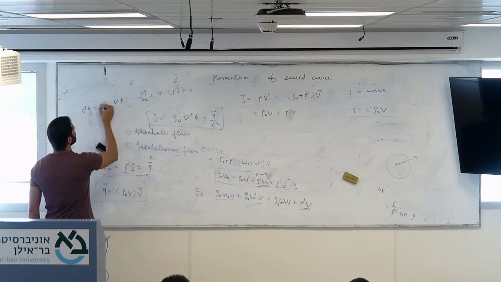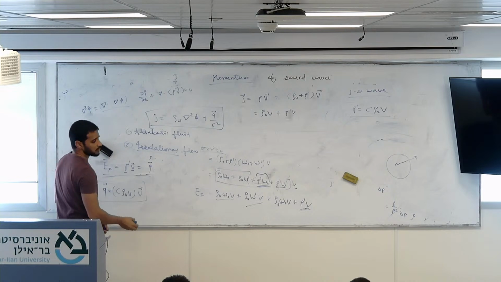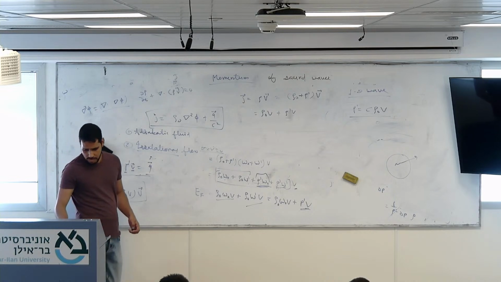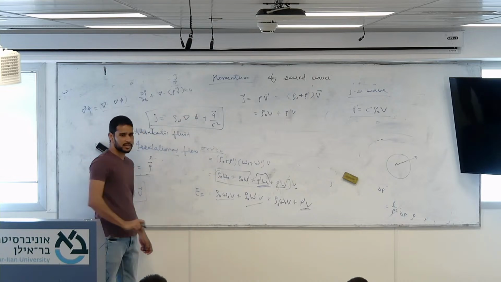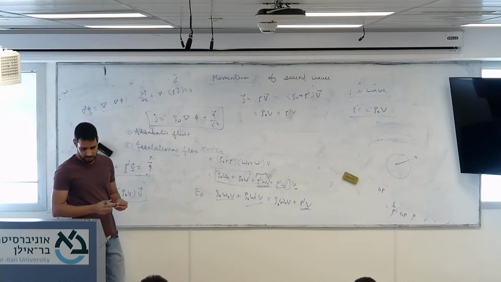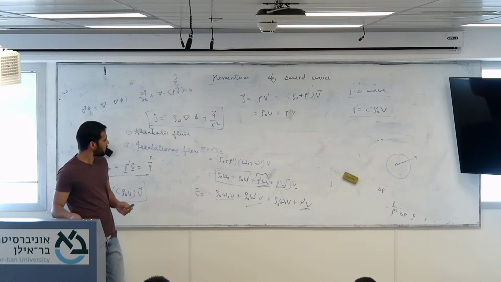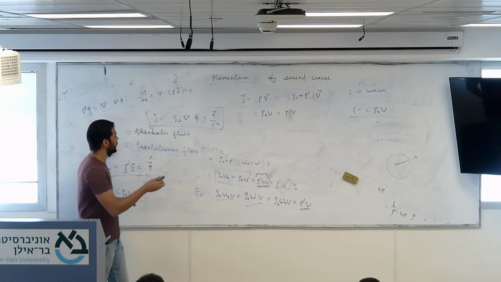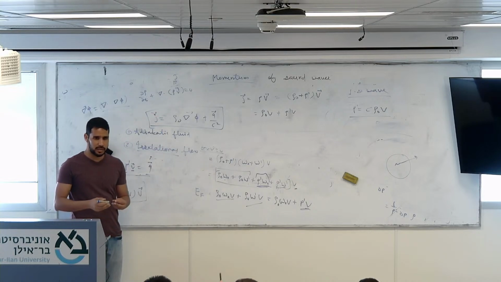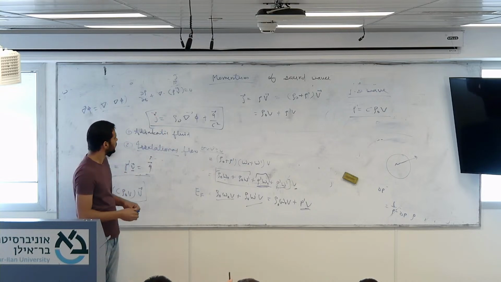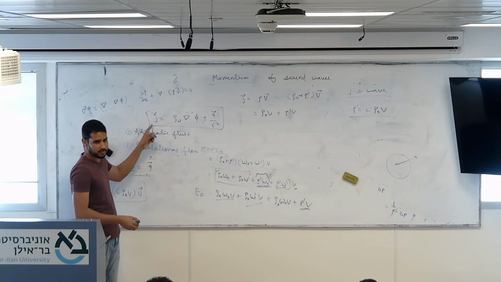Phi is a scalar, so how? No, it's not squared. In the lecture notes, you wrote it. It's just grad phi. I wrote it wrong. Now it's okay, it's a vector. So this will be in the assignment. Is this the same J as rho V? Yes, it is J.